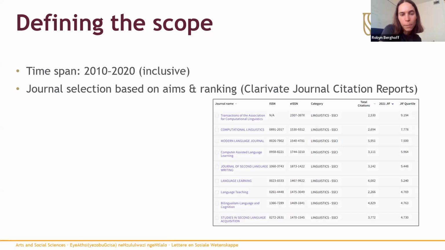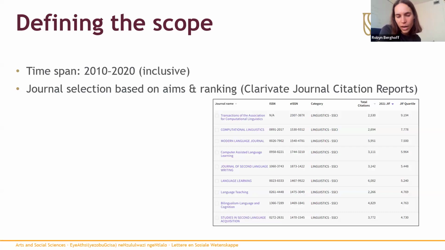We wanted journals that publish on multilingualism research. So we don't want, for example, a journal that is heavily biased towards first language acquisition, because that is not about multilingualism; in most cases that is about monolingualism, the acquisition of just a single language. So we picked out journals that we knew published the kinds of research we were interested in.